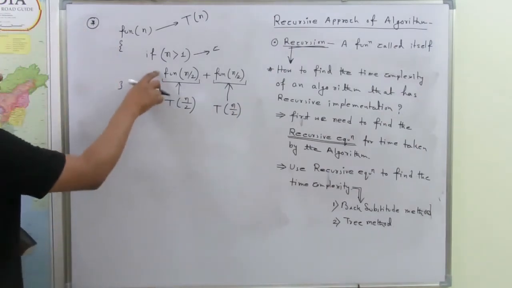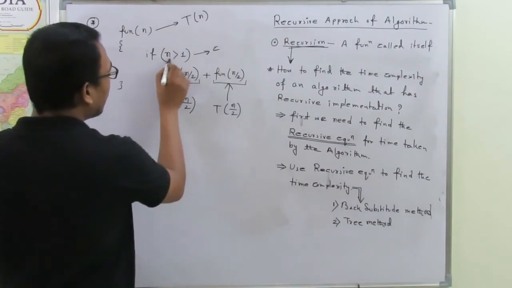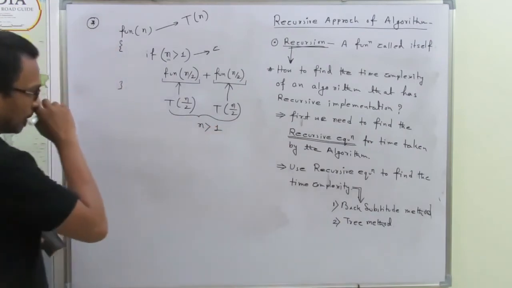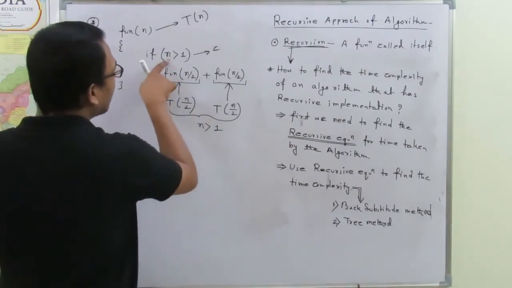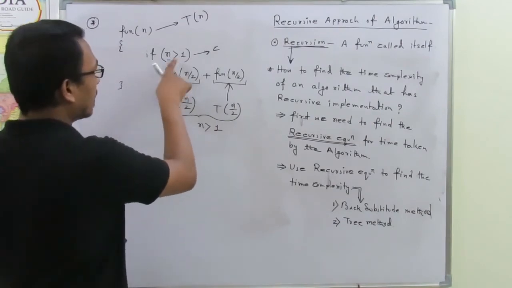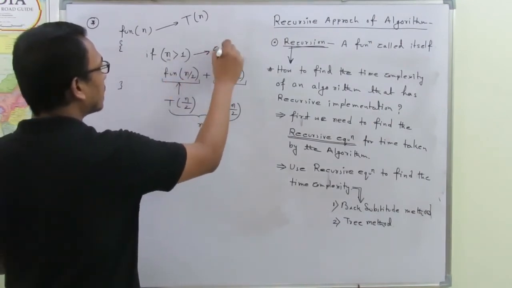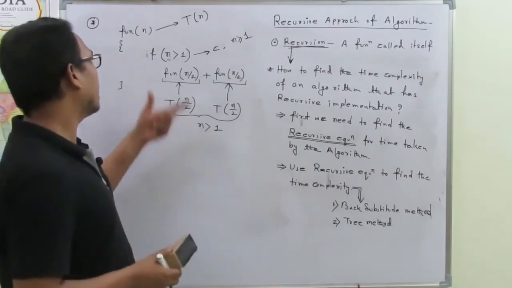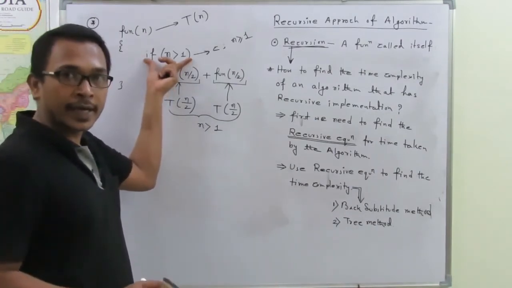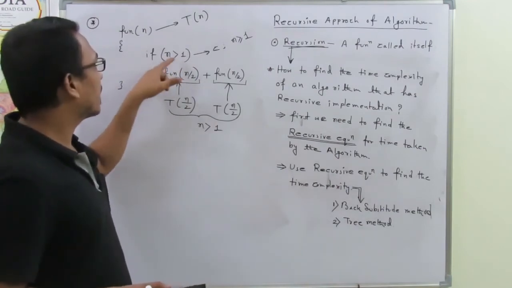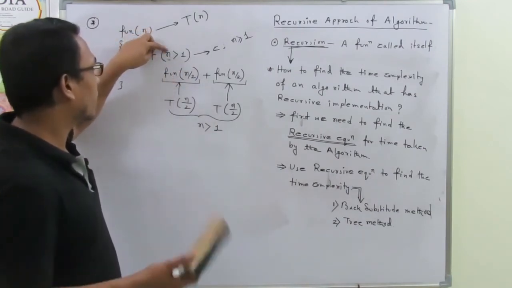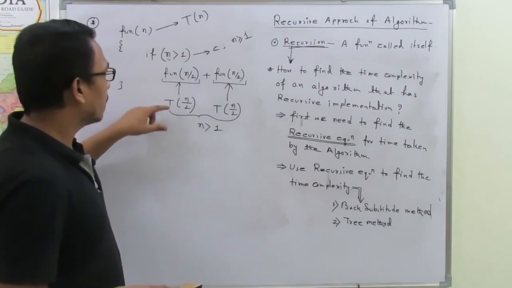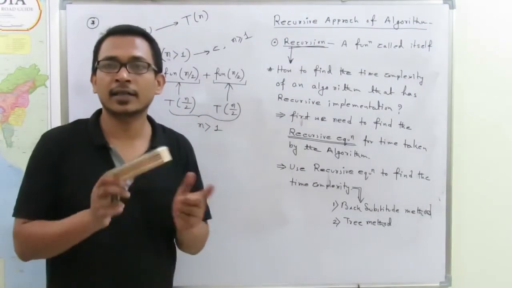Now when these two things come into the picture, whenever the number of inputs is greater than 1, and when the number of inputs is greater than or equal to 1, at that time this constant time will be taken. This will take place whenever n is greater than or equal to 1, because whenever n is 1, at that time also this particular instruction will execute, and based on the result, the condition becomes false when n is 1, so this statement will not execute, so these two function calls will not come into the picture at that time.